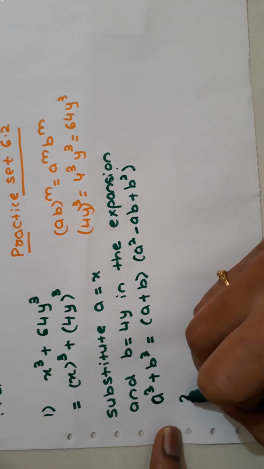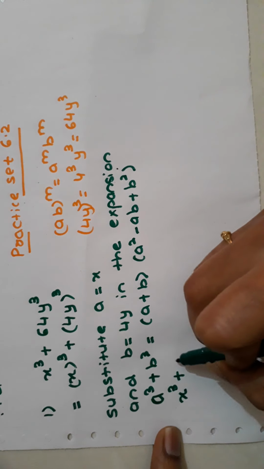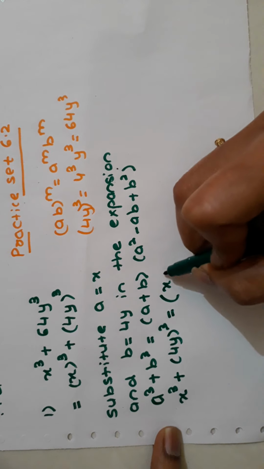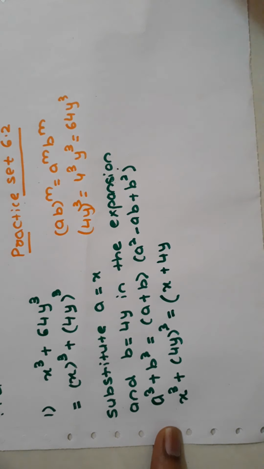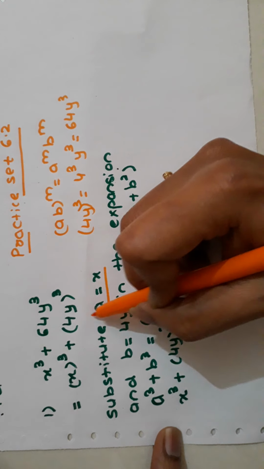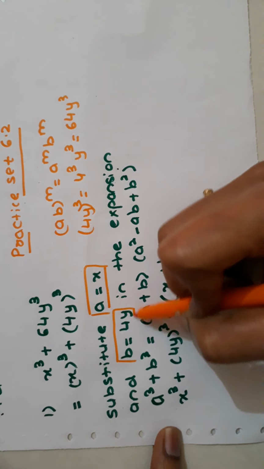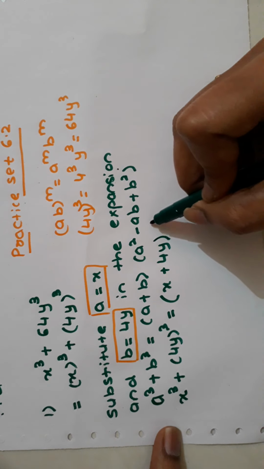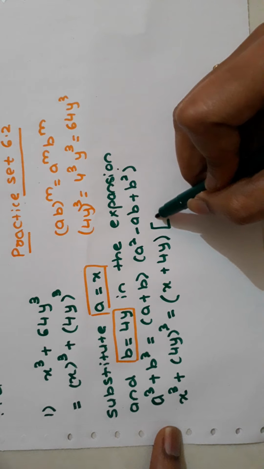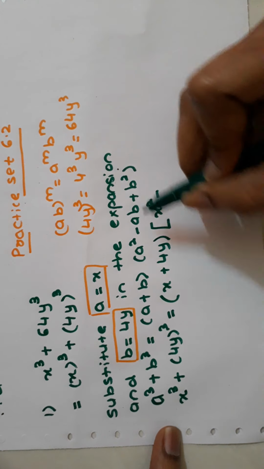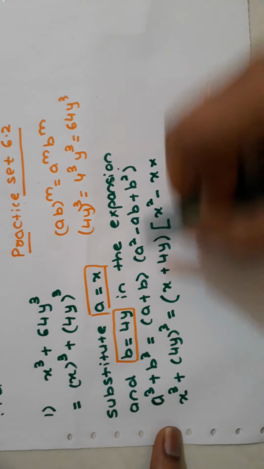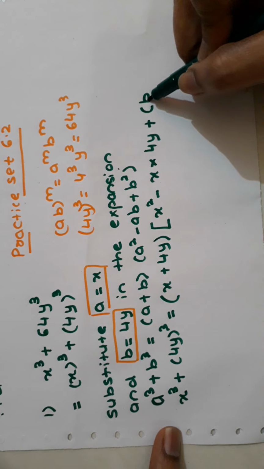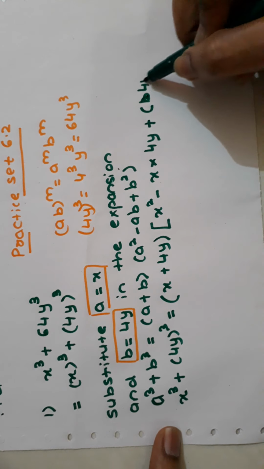a cube plus b cube, that is x cube plus (4y) the whole cube, is equal to (x plus 4y), bracket complete, times (a square means x square, minus a into b, a is x into b is 4y, plus (4y) the whole square).